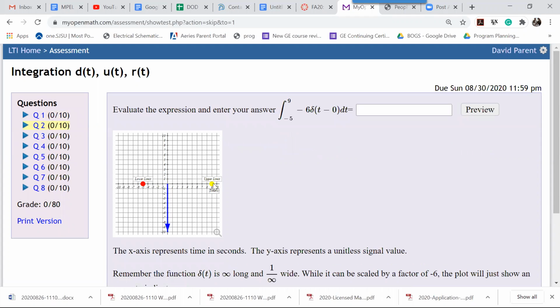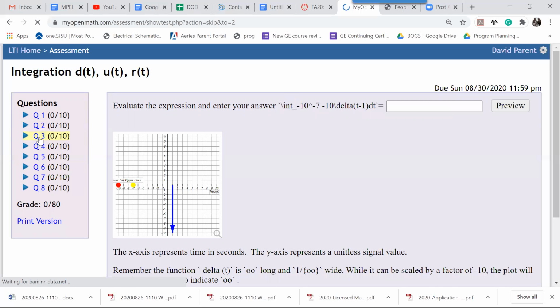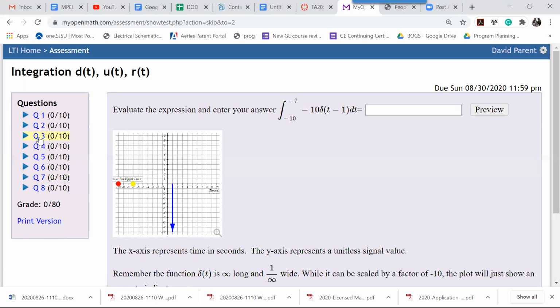I have a red and a yellow, and you can see, is it in or is it out? Now notice this delta function is not really minus 10 units, it's infinity. You have to go from the scale factor there. Looks like it's not inside.